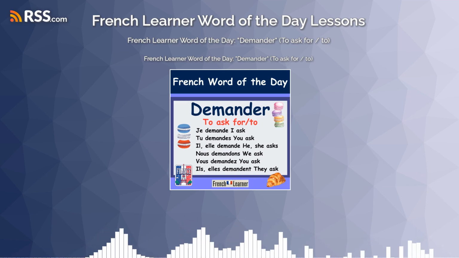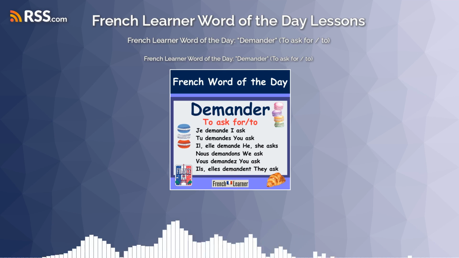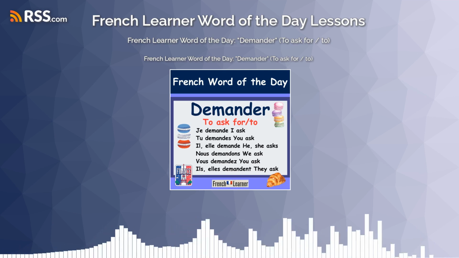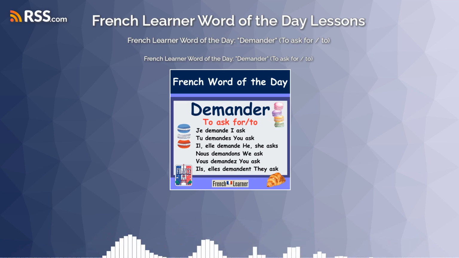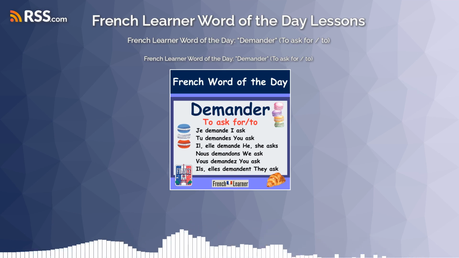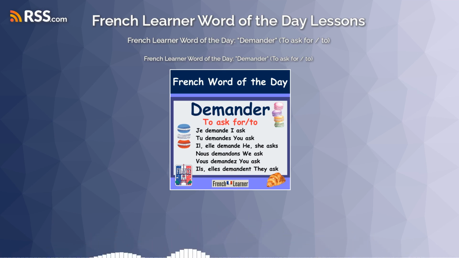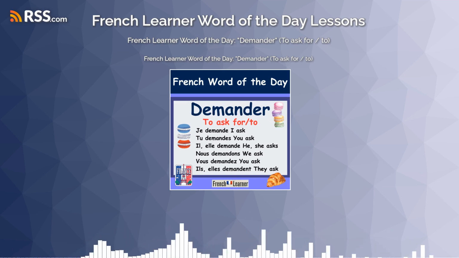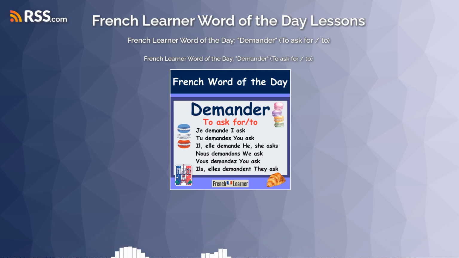So the grammar here is demander plus whatever it is that we're asking for. Un autre exemple, par exemple, demander l'heure is to ask the time, literally to ask the hour. So the sentence, je suis perdu, I am lost, je dois demander le chemin. I have to ask for the way.